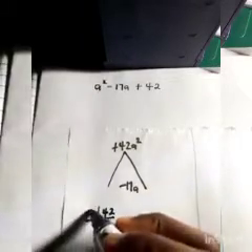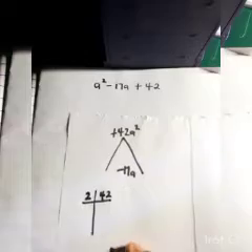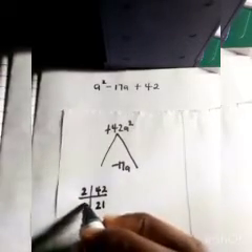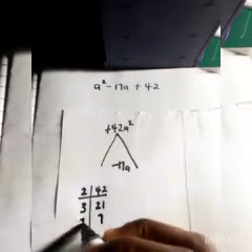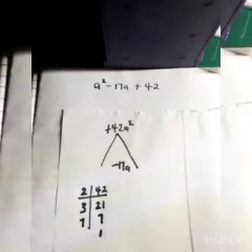Now, I'll try something like this. 42. 2 in 42 will give you 21. 3 in 21 will give you 7. And 7 in 7 will give you 1.